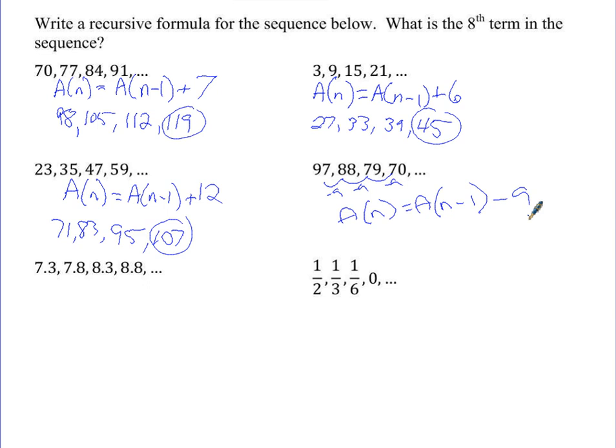Okay, come up with the 8th term. What will the 5th term be? 61, and then 52, and then 43, and then 34. Is that the 8th term? There you go.